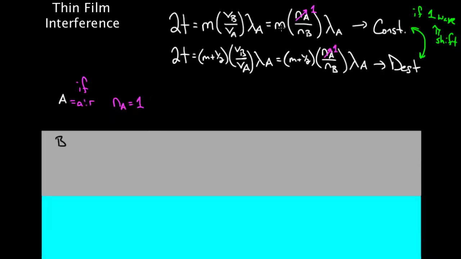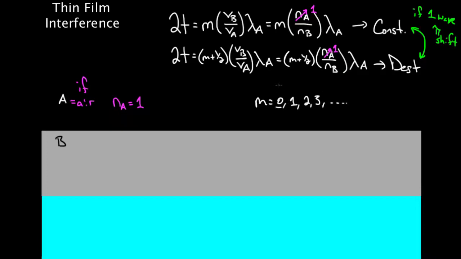So you end up with m times 1 over nb times lambda a. Or, in other words, m times lambda a over nb would give you constructive, and m plus a half times lambda a over nb would give you destructive, for every m equals 0, 1, 2, 3, and so on.